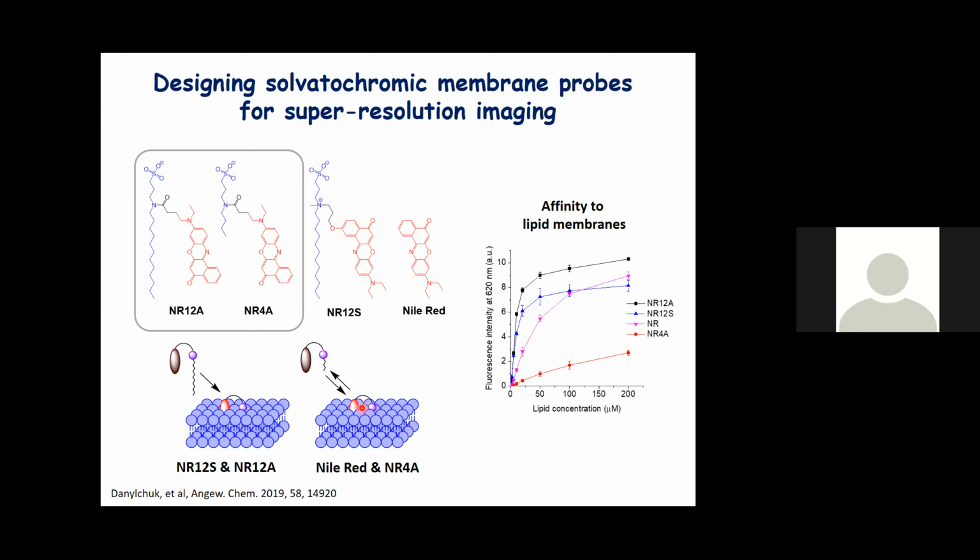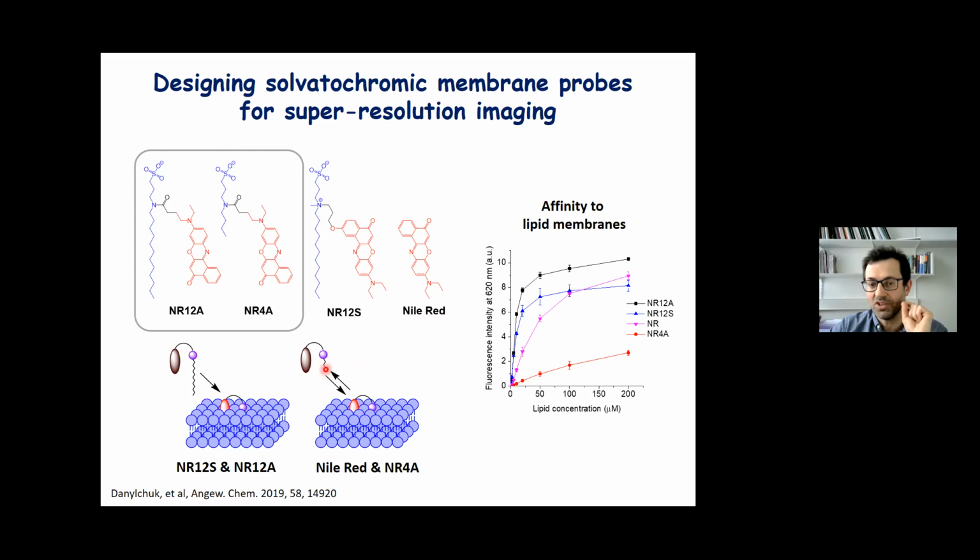As you remember, as I said before, in water it's not emissive, but in lipids it is emissive. So in principle, this binding can be used to have turnover. And so what we did, we changed the design of our original probe, NF12S, and we introduced a charged group and a short linker, a short lipophilic anchor chain.